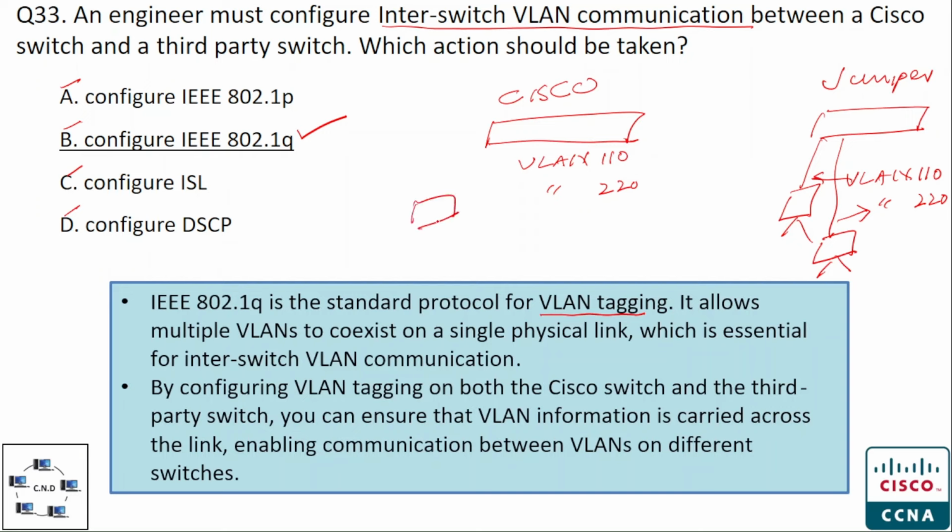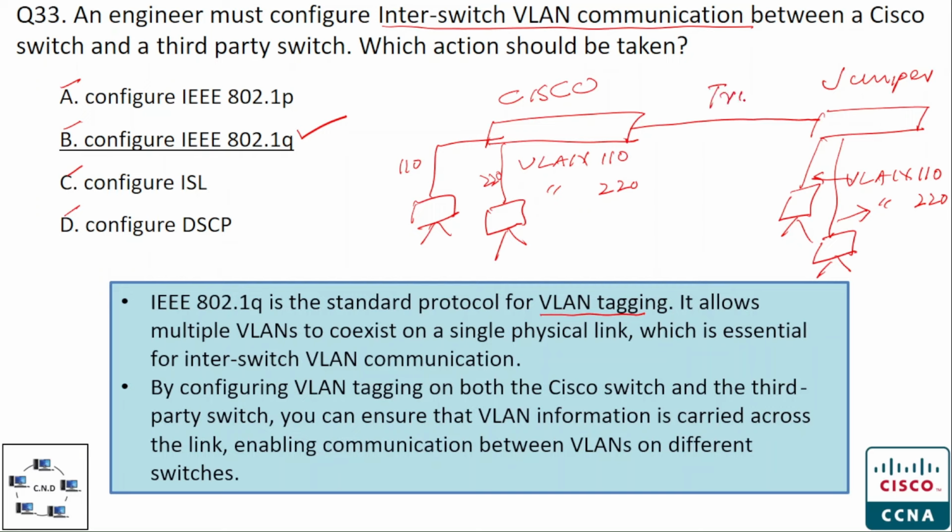Similarly, on this switch again we have devices connected to different VLANs. This is 220. So how do we route or communicate between these devices on these different switches? We must have a physical link between them, and we will tag the VLAN on this link.